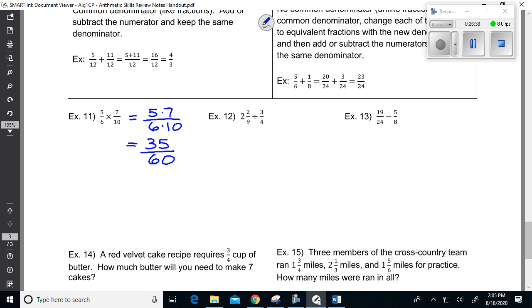So I can't leave it like this. So what do I have to now do to the problem? Simplify it. So always reduce. So I can divide 35 and 60 by 5. So that gives me 7 over 12.